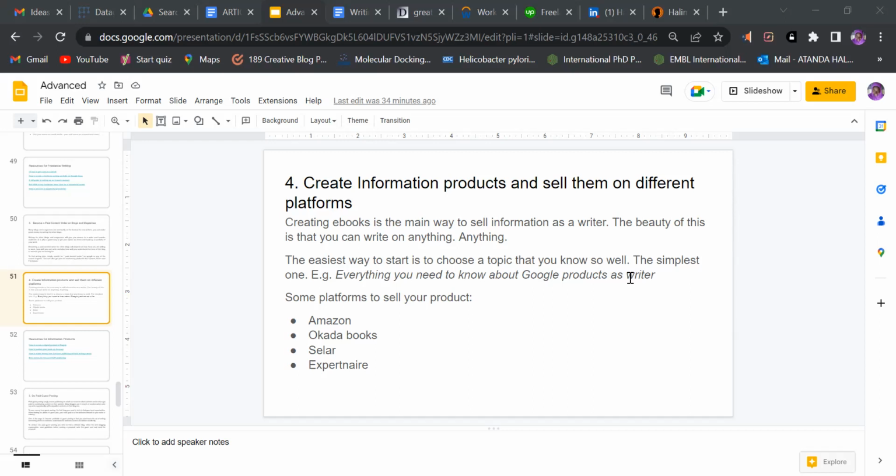Do you get? So if you want to create an information product, that's the way to start. It has so many advantages, starting with something simple to you. Remember, simple to you. Just because you know something doesn't mean the next person knows it.